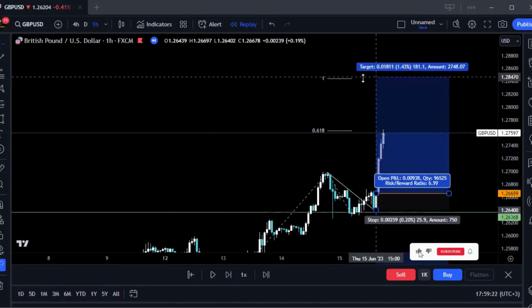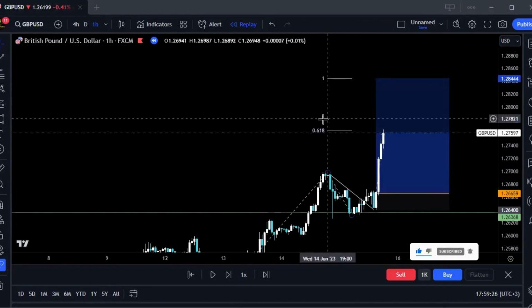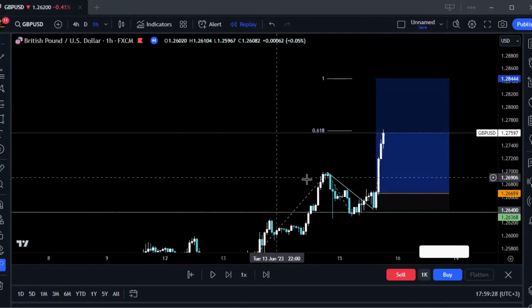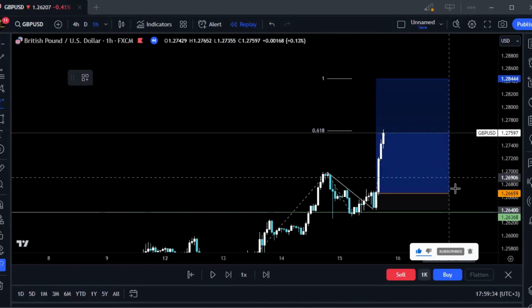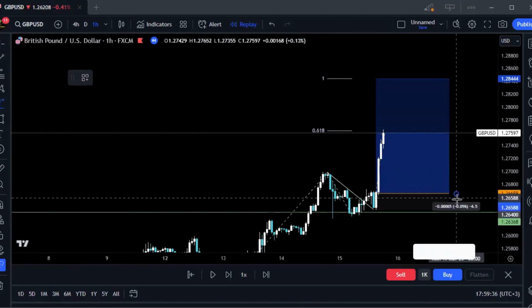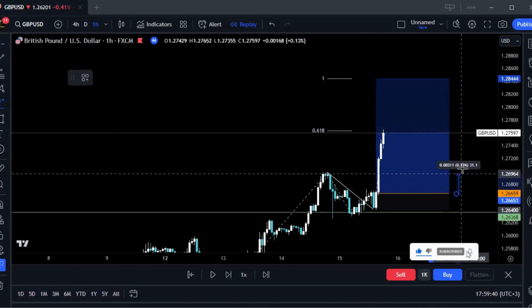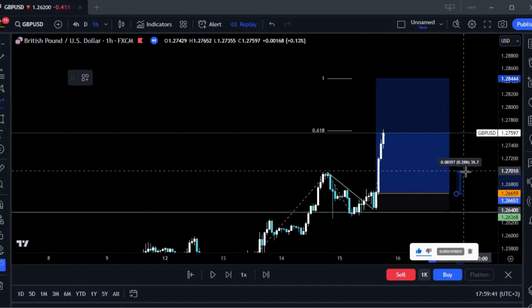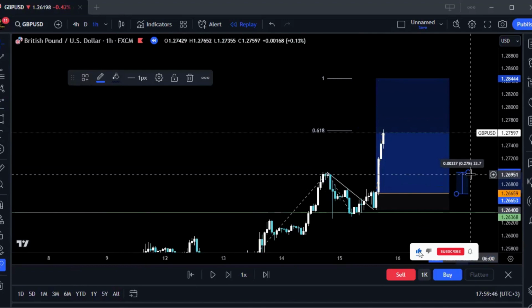Targets at 1, giving us a beautiful 1:6, 1:6.9. Stops being at 25 pips, so that means somewhere around here. At the most recent high, we should have been break even because it's about 30 pips.